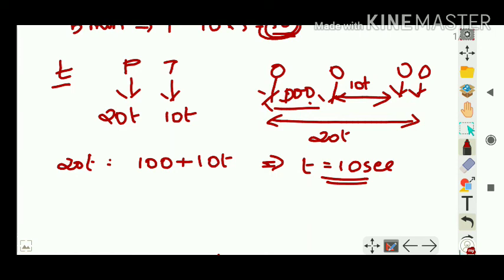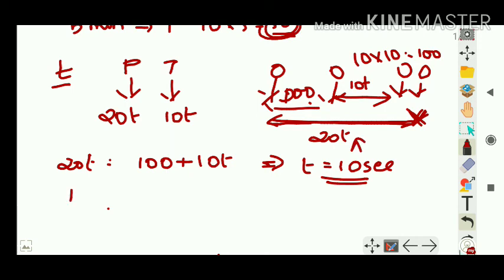Simple, right? Now another type of question which is asked is, at what distance the thief is caught, how far this point is. This point is at a distance 10T, means 10 into 10 is 100 meter from the thief, whereas this point is at 20T, that is 200 meter, because in place of T I have to write 10 seconds.